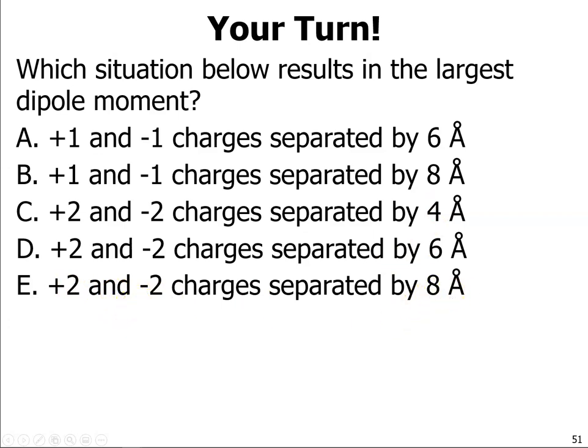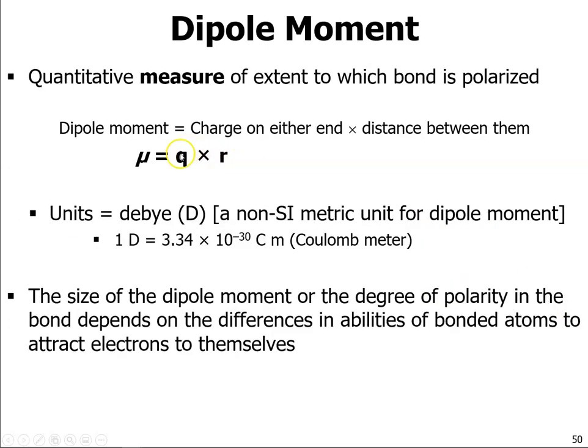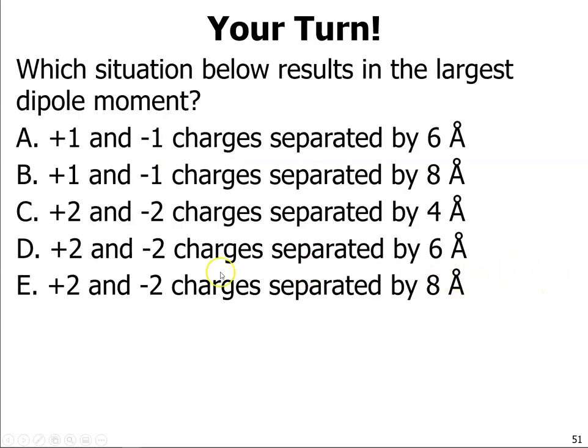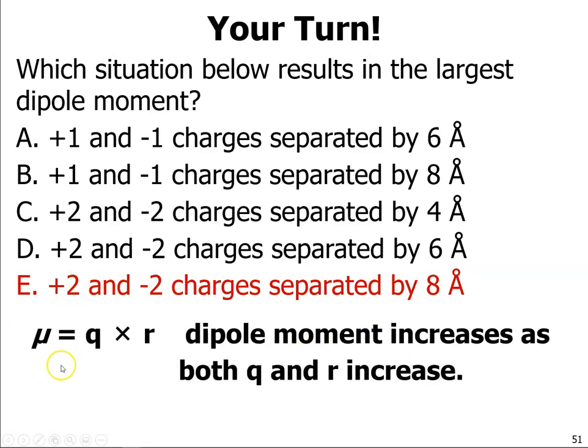This is the smallest distance, and this is the greatest distance. If we have the charge times the distance, we have the biggest number here. That would be E. So the distance is 8 angstroms, separating a +2 and a -2 charge. So remember that mu, or the dipole moment, is equal to the charge times the distance between the two charges. So 8 times 2 is going to give us 16.